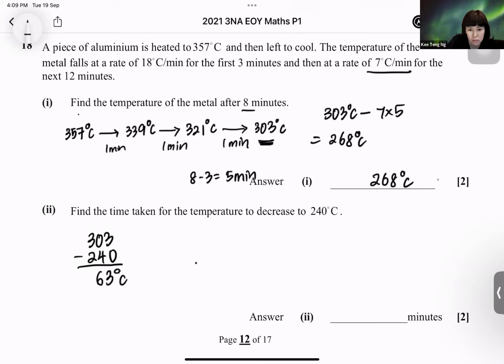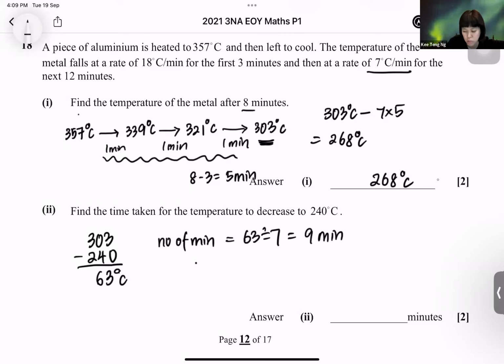Because it's 7 degrees Celsius per minute, the number of minutes is 63 divided by 7, which gives you 9 minutes. But not forgetting our first 3 minutes to reach 303. So the total time taken will be 9 plus 3, which is 12 minutes.